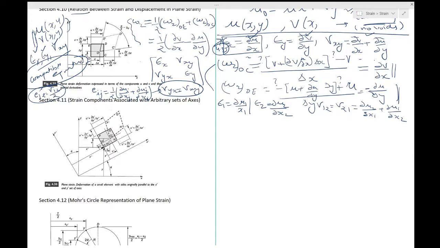Okay, we consider the situation which is shown in figure 4.30, in which the deformation of a small element is shown in terms of the displacement components u dash and v dash parallel to the x dash and y dash set of axes. Okay, so the shaded part OHGF is your small element.